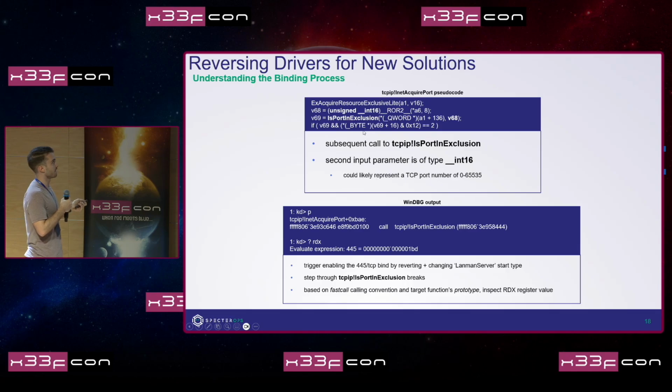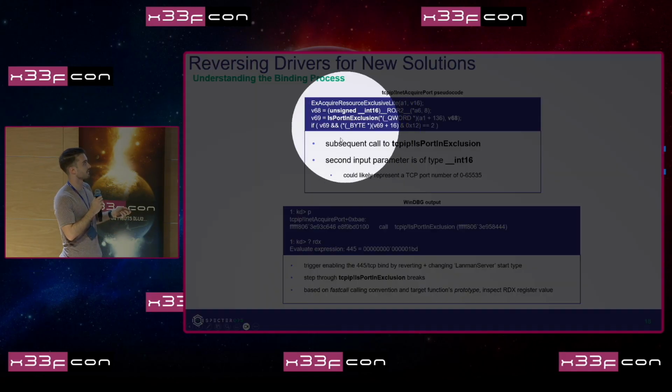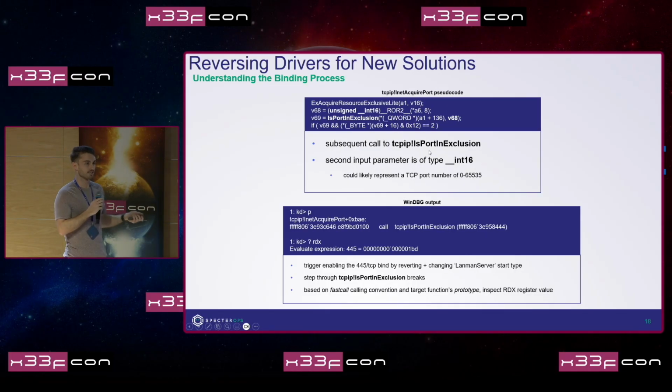The reason this stood out was because there's a subsequent call to IsPortInExclusionList. I wanted to know definitively that this has to do with 445 rebinding, and the name of the function, as well as subsequent function calls like IsPortInExclusionList, seems like this is associated with that behavior.